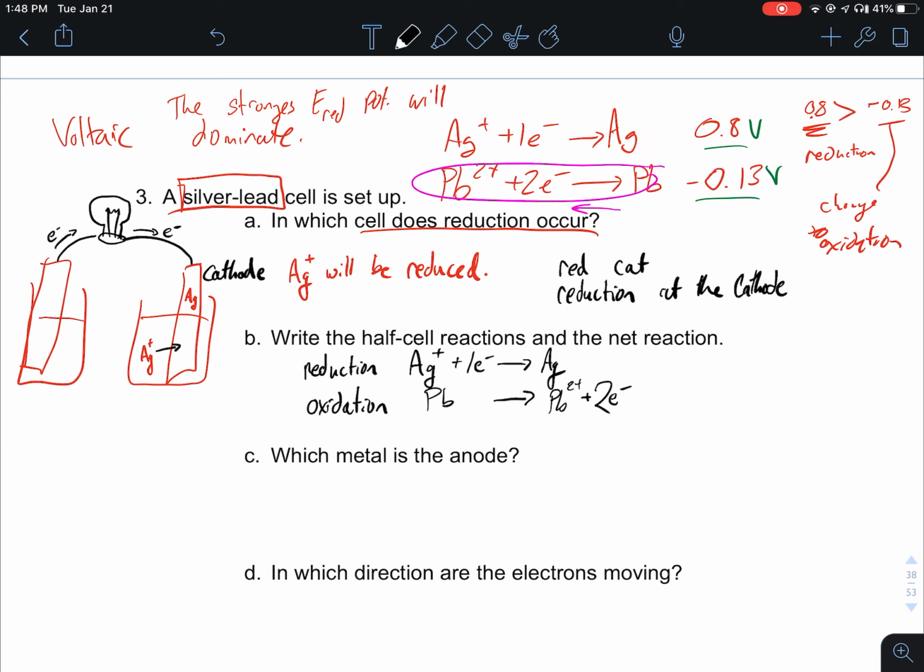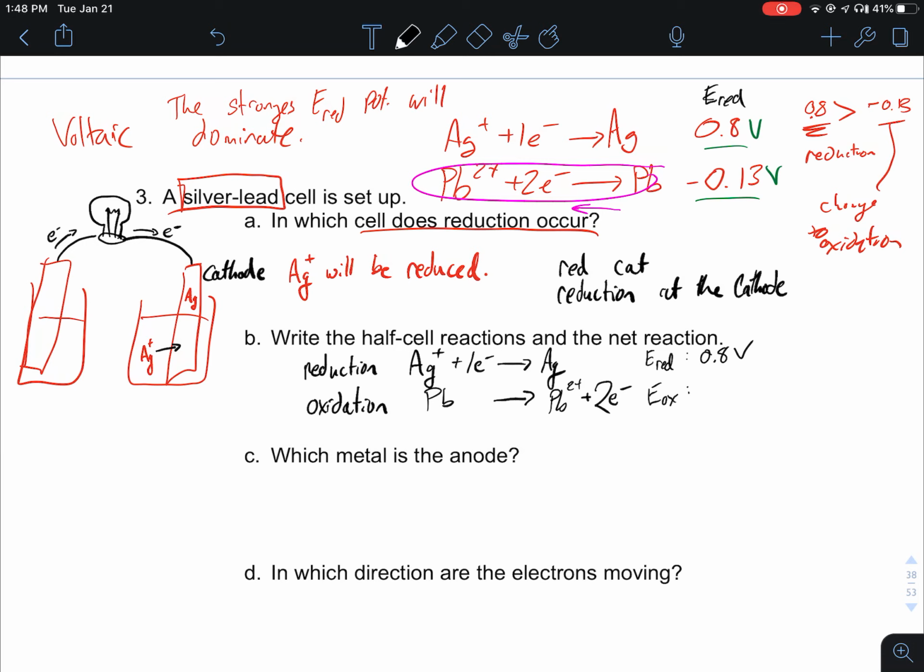Now these values up here, these were the reduction values, right? So I'm going to make a little point about these. The reduction value here is 0.8. But now I said this is an oxidation. Well, oxidation has the opposite value to the reduction.